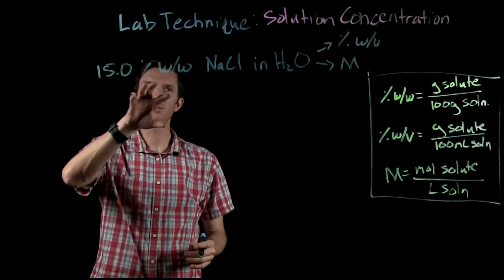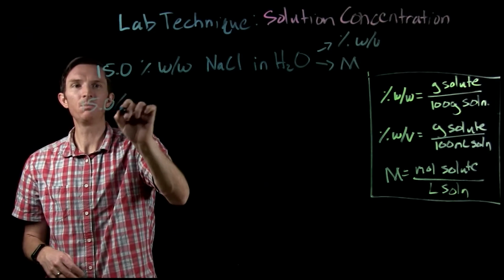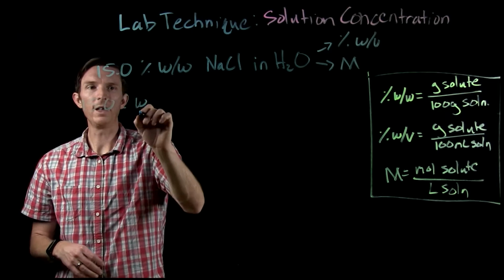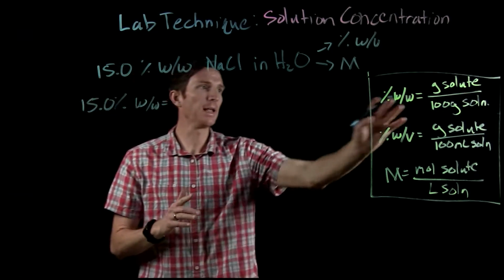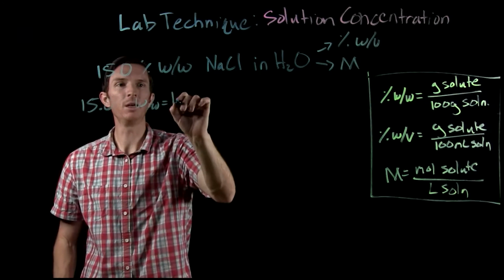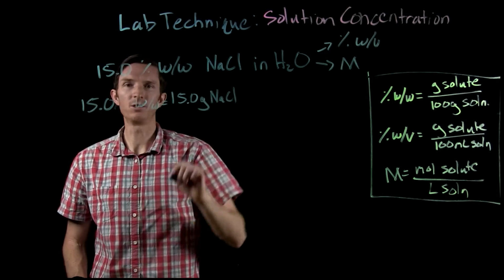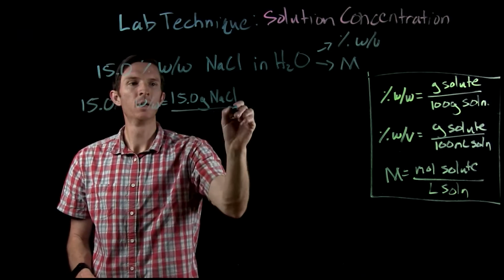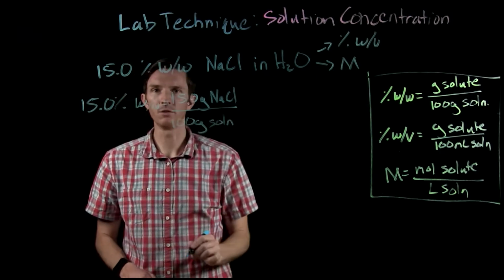So let's look at the first conversion. If we have 15% weight, we can rewrite this as 15 grams of our solute, sodium chloride, per 100 grams of solution.